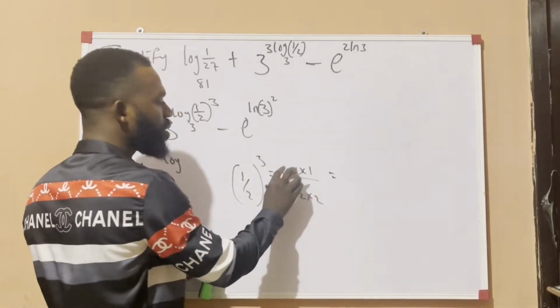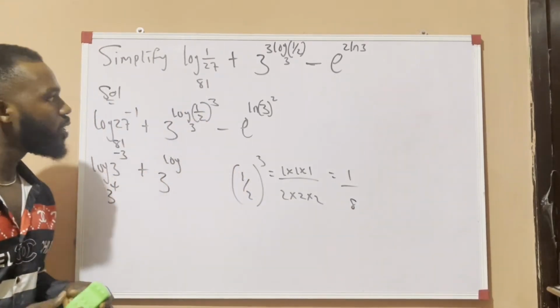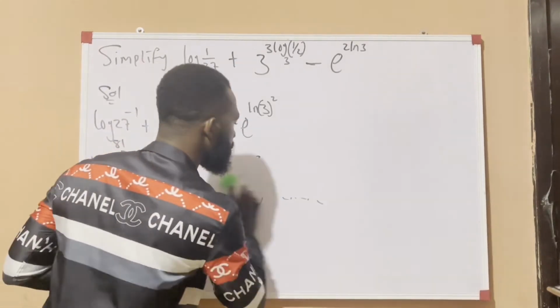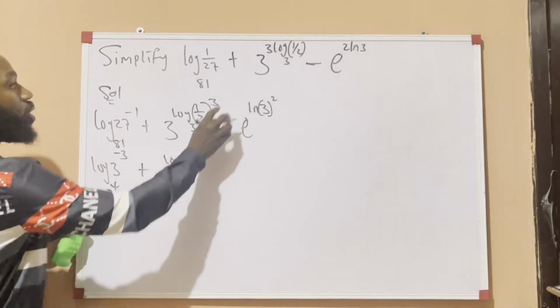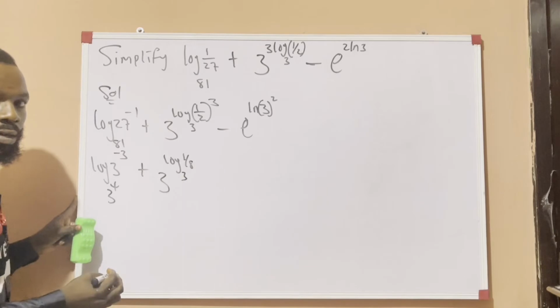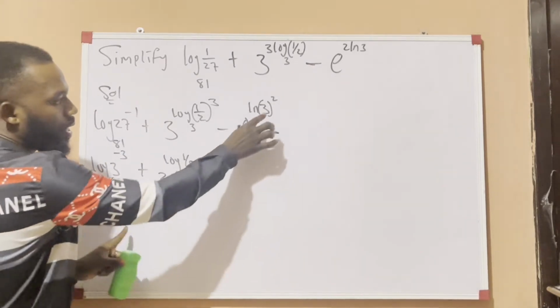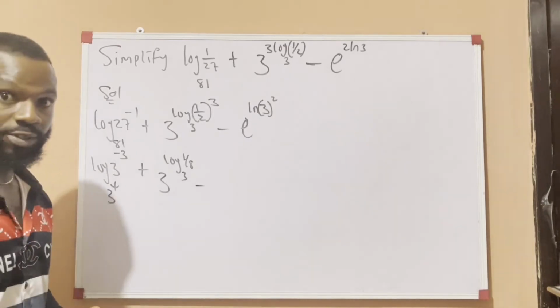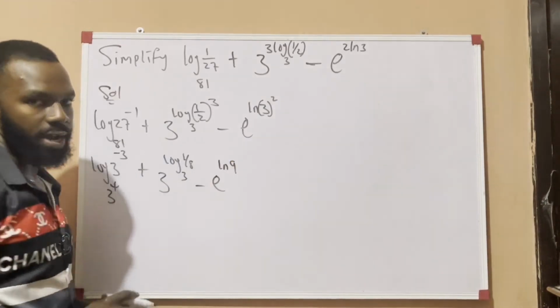And of course, 1 times 1 times 1 is 1, and 2 times 2 times 2 is 8. So here becomes log 1 over 8 to the base of 3. Now minus, here, 3 raised to the power of 2 is 9, 3 times 3 is 9. So here it becomes e raised to the power of 9.